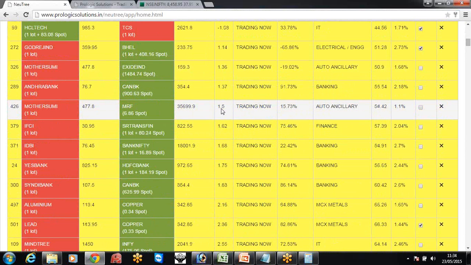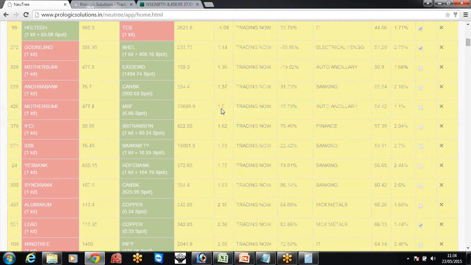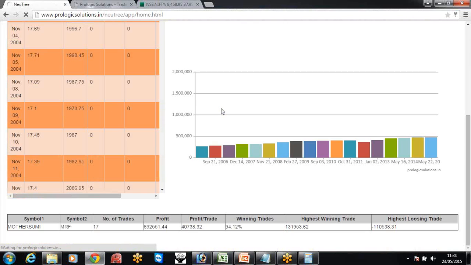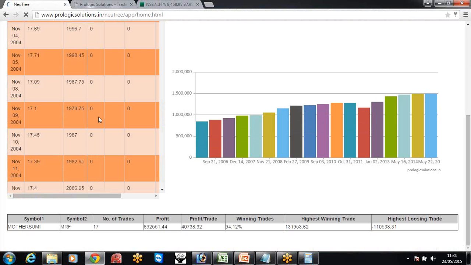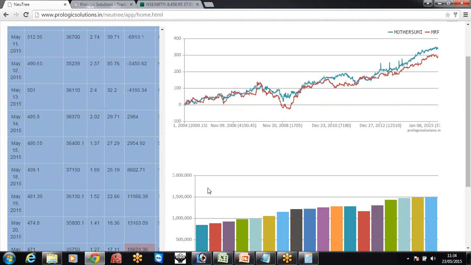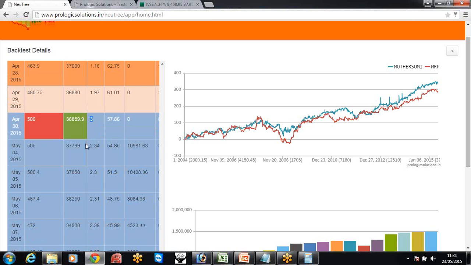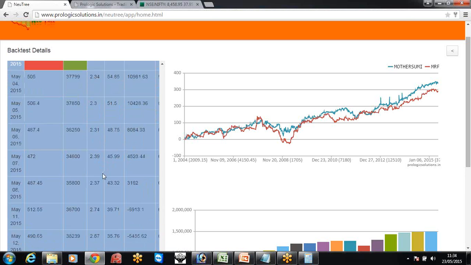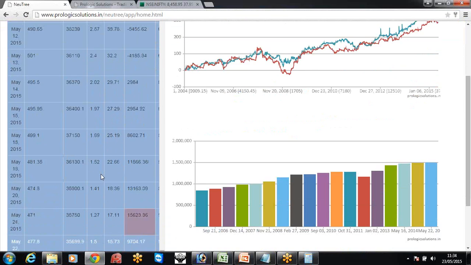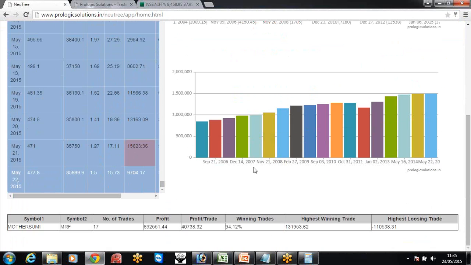Motherson Sumi and MRF, we have this particular call. You see this particular trade started at 3 and then it fell down to 2 and then it gave you profits also.